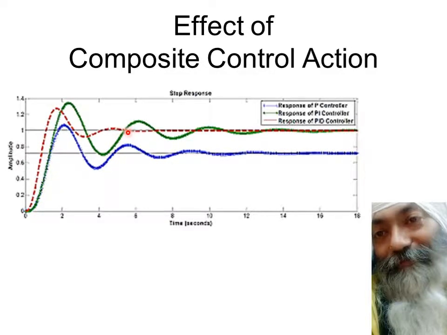So as we see, better than P is PI, and better than PI is PID, and the value of gain which you have to use should be such that it does not result in higher oscillations. So we use moderate values of Kc, but even the moderate PID is better than the moderate PI, because we go in for the derivative.